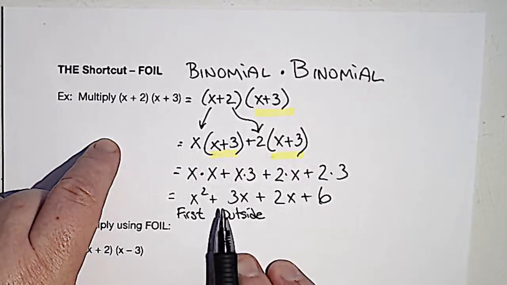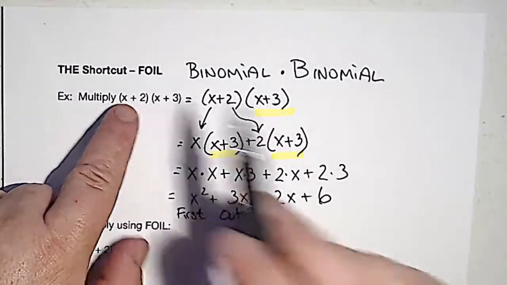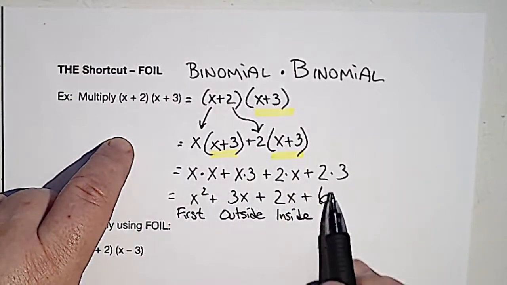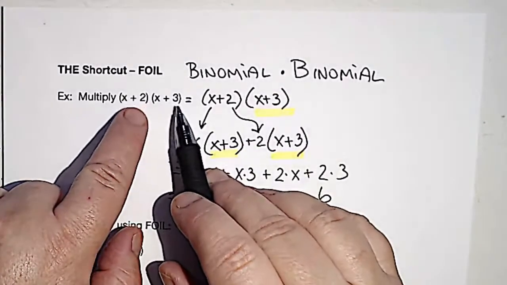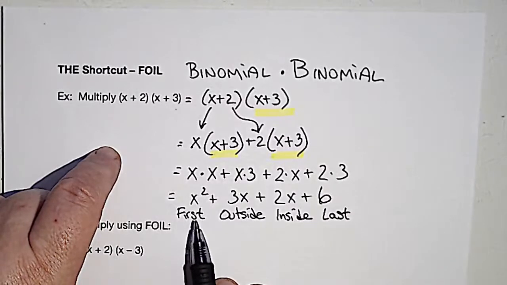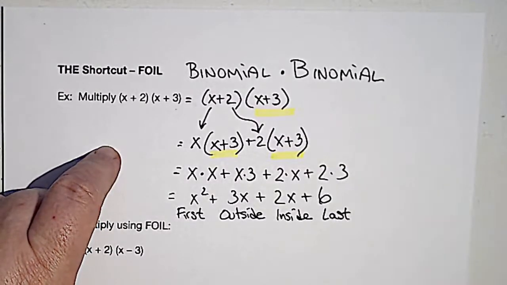So it's either outside or outer. And then the 2x, well, that comes from the inside pieces. And the 6 came from the 2 times 3. Those are the last ones. So if you can remember this formula, FOIL, then you don't have to write all this out. You just go straight to the end.